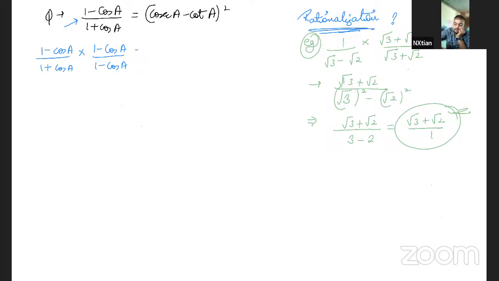Understood, guys? Then it will become 1 minus cos A into 1 minus cos A. Now it is in the form of a minus b, a plus b, to become 1 minus cos square A, which is a square minus b square. Understood? Please ask me.